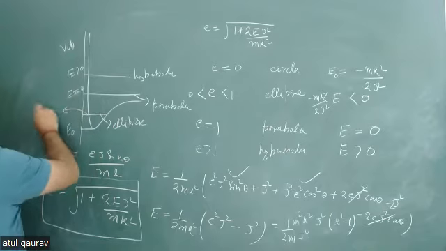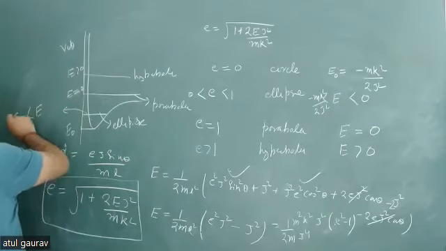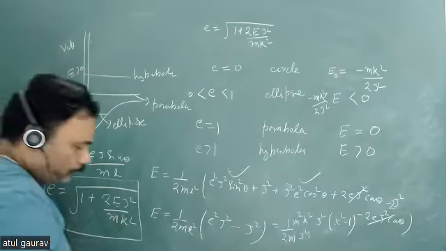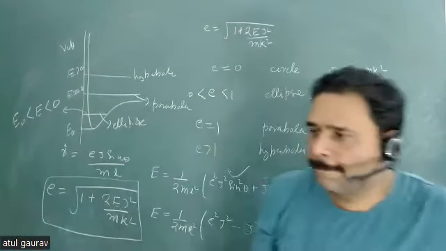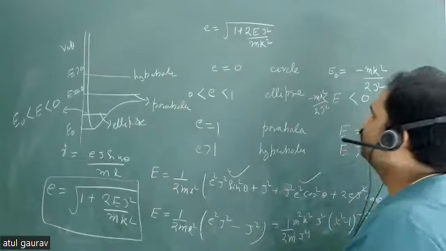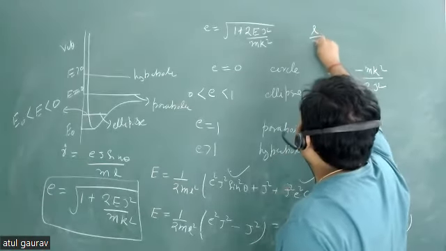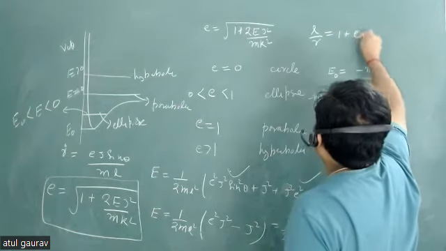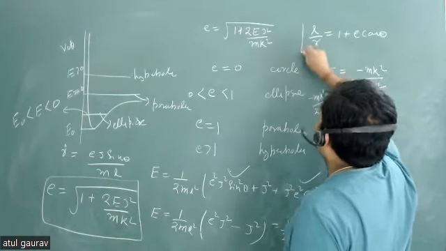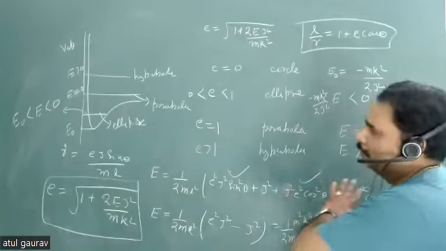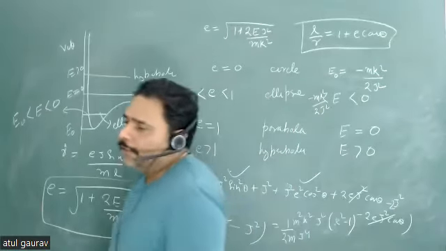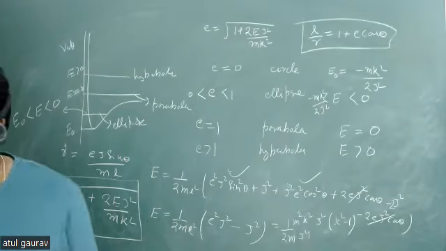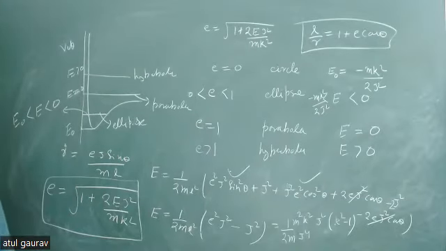And here E is between E naught and 0. Look, everything is there. And what is my l by r? What is my equation of orbit? 1 plus e cos theta. So this is my equation of orbit. Now you can use this chart to understand your Kepler's system. Everybody is comfortable?